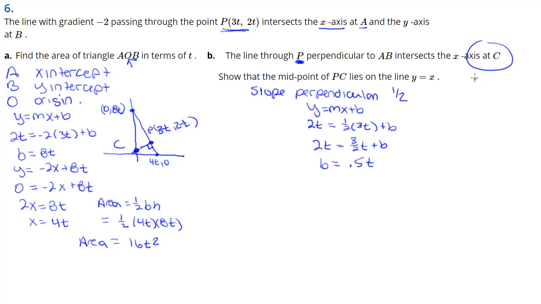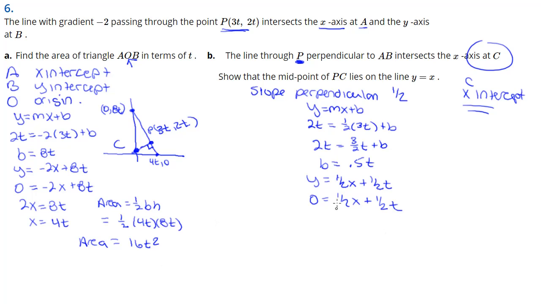Our equation is going to go through the x-axis. And so we've got to find out what that x-intercept is. So when we write our equation y equals 1/2 x plus 1/2 t, all we've got to do is make y equal to 0. And then we've got 0 equals 1/2 x plus 1/2 t. We just got to get x by itself. So we'll subtract the 1/2 x.